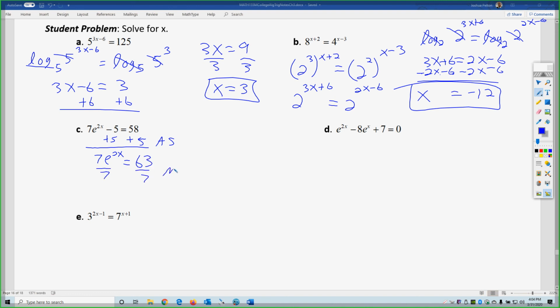And then the multiply/divide step: divide by 7. E to the 2x equals, we got 9.